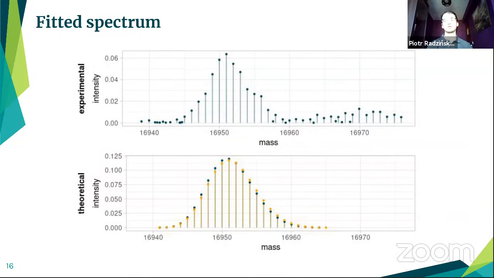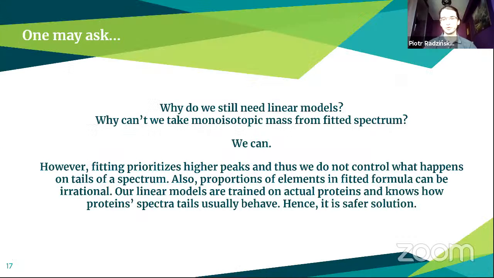We control what happens in the center, because in optimal transport, the higher peak is more important. But because of that, maybe the tails of the spectrum are smaller or something. But our linear models are trained on true proteins, and hence we know that the tails should have similar shapes as in usual spectra.